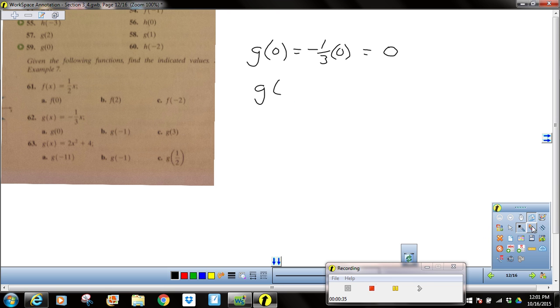Let me change colors here, that way you can see what I'm doing. Negative 1/3 times x, in this case, is negative 1. Negative times negative is positive 1/3.